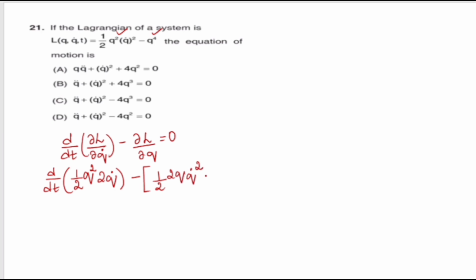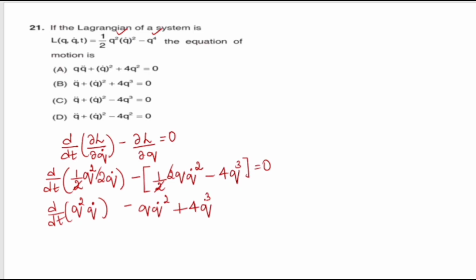Here it is a constant, minus 4 times q to the power of 3. It will be 0. So the 2 gets canceled. Total derivative of q square q dot, minus half gets canceled. Remaining is q dot square, minus of minus, it will be plus 4 times q cube.